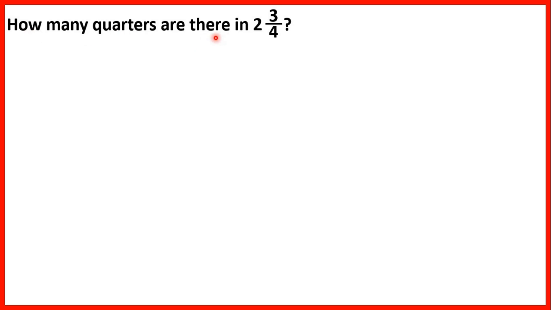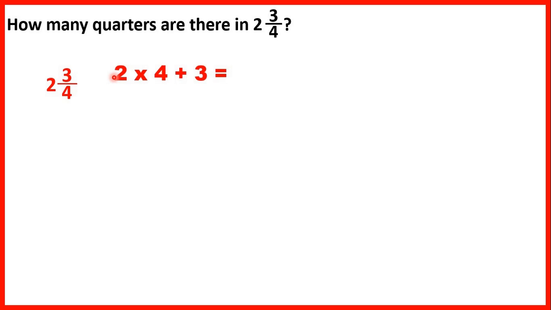How many quarters are there in 2 3/4? So here we have a mixed number because we have a whole number and a fraction. But if we change that to an improper fraction, then the numerator will give us our answer. So we have 2 3/4.